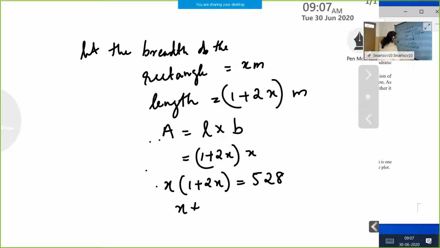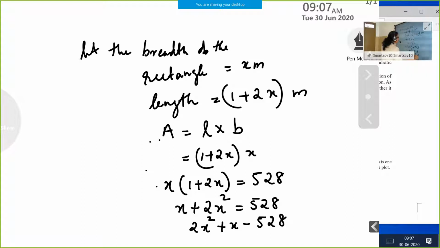That is x plus 2x square is equal to 528, that is 2x square plus x minus 528 is equal to 0. This is our required quadratic equation. Clear?